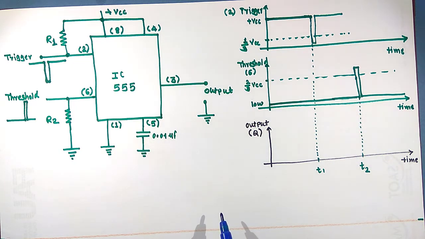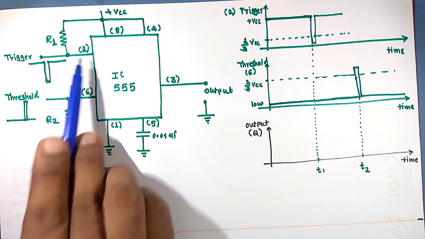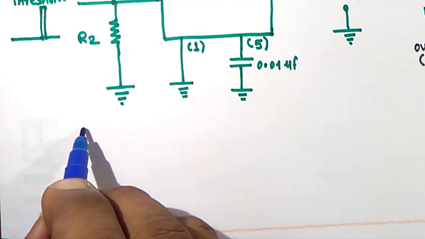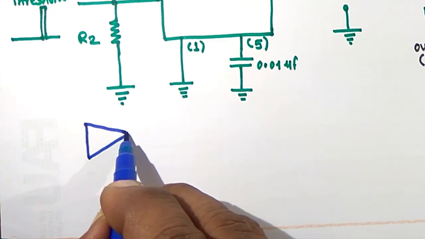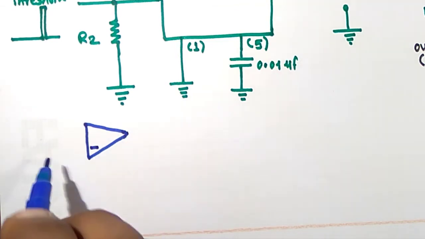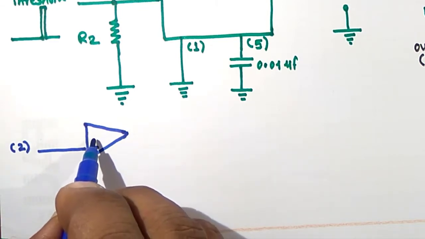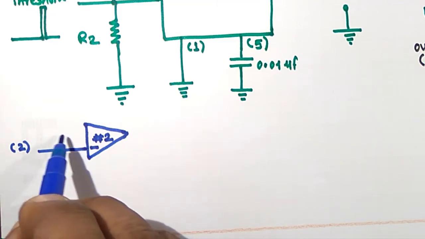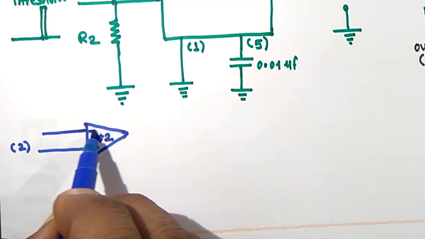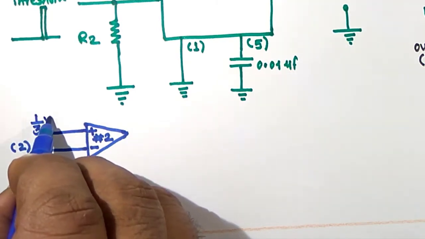Now, if we consider the threshold input terminal of IC555, we know that it is nothing but the inverting input terminal of lower comparator 2, and the non-inverting input of the lower comparator is fixed at voltage 1/3 VCC.